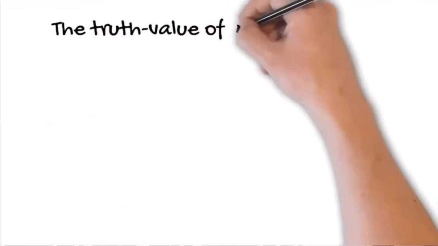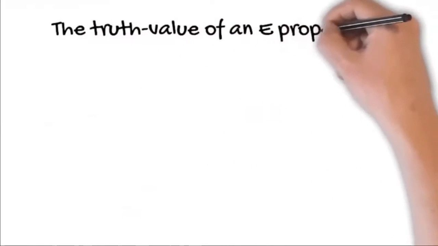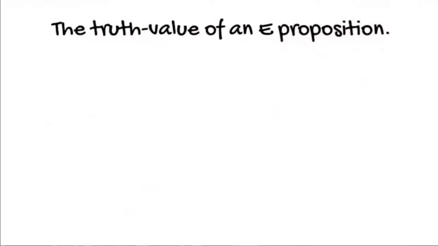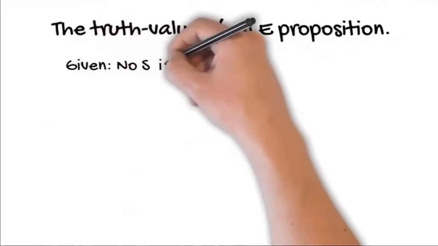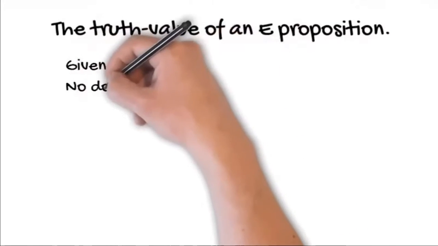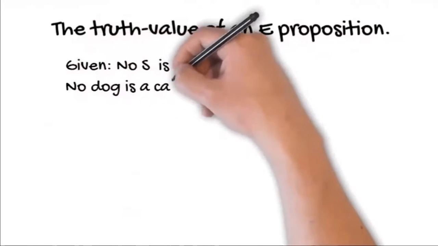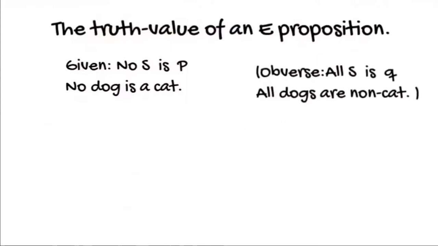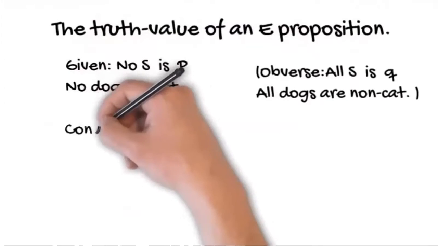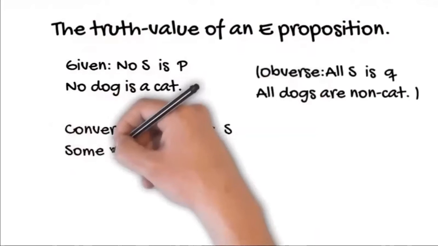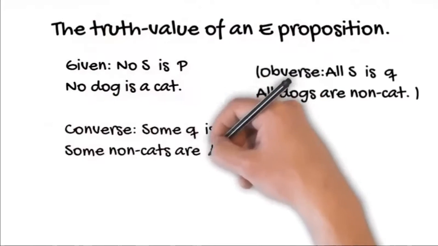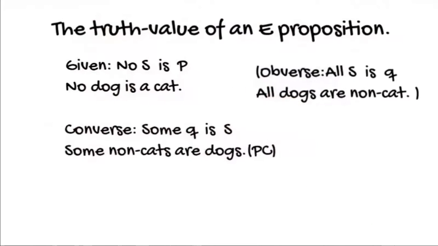So to apply the truth value of an E proposition, we'll have the given again. If it is correct to say that no dog is a cat, it's also correct to say that some non-cats are dogs.